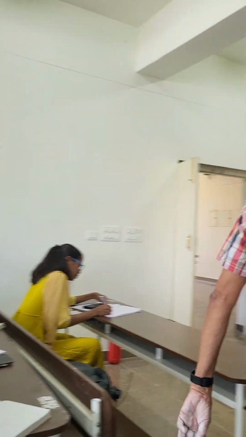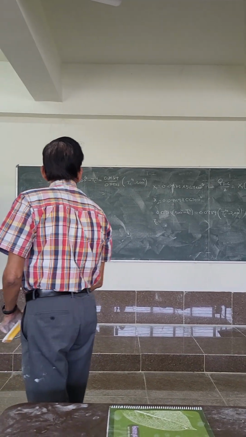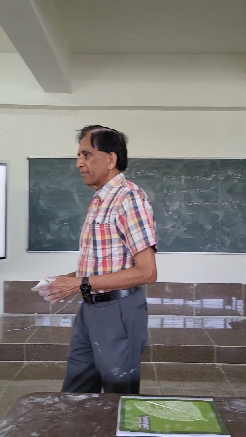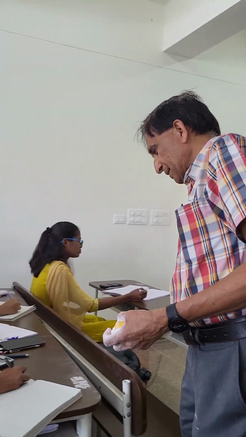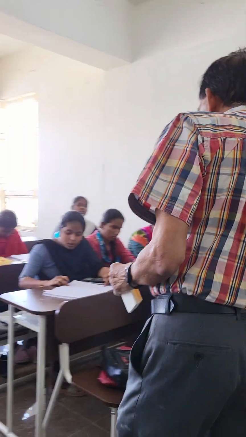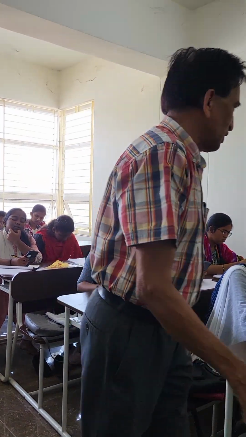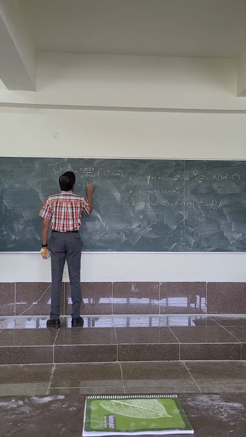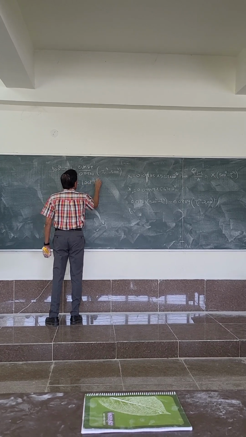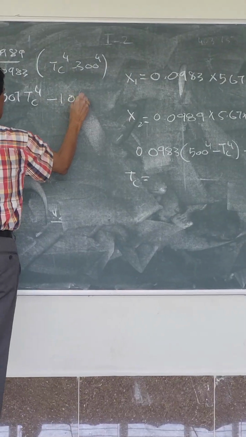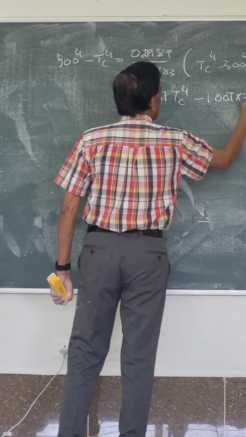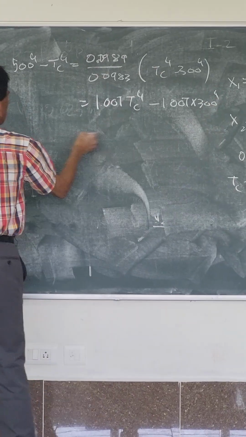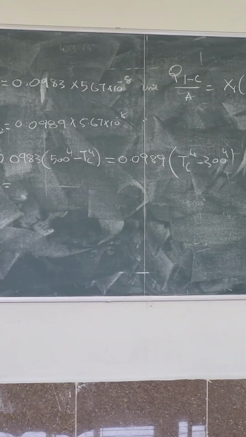So the ratio of 0.0989 divided by 0.0983 is 1.007, something like that. So that should be equal to 1.007 times Tc power 4 minus 1.007 times 300 power 4. So Tc equals 1.007.